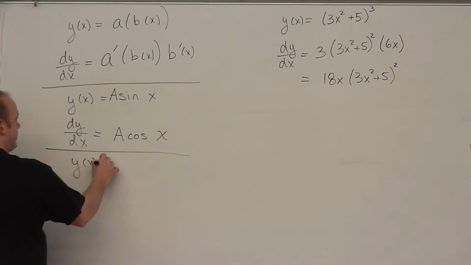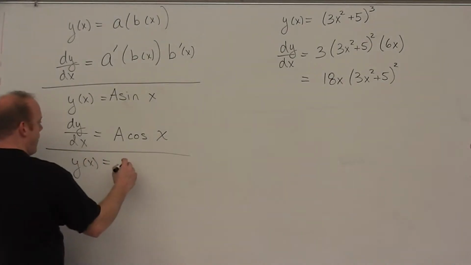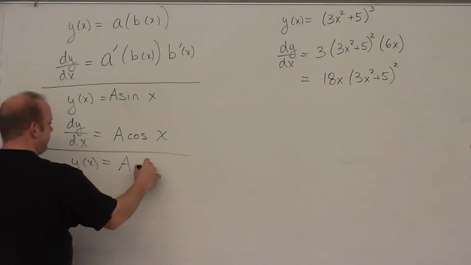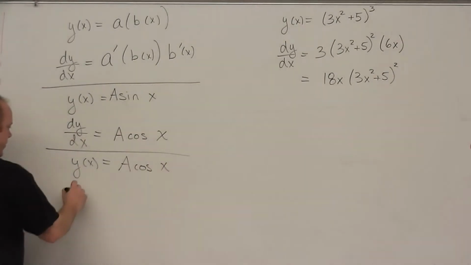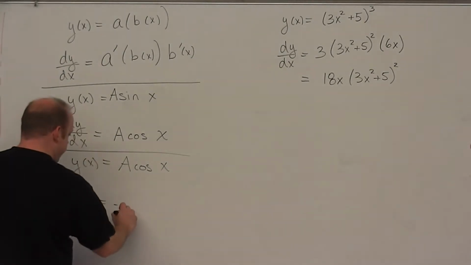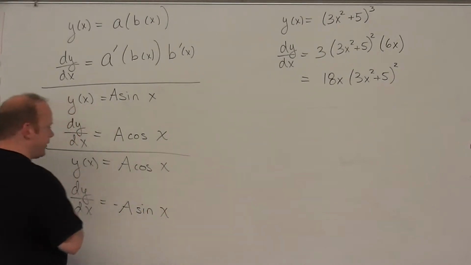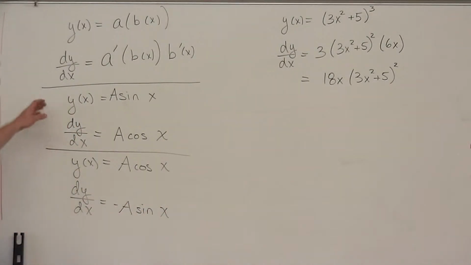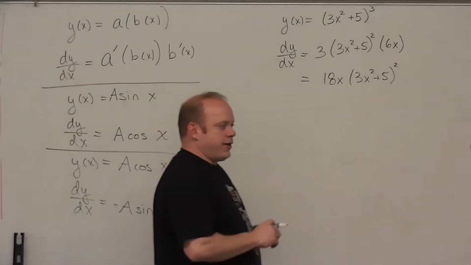For y of x equal to a cosine of x, my derivative, and this is an important difference between the two, is negative a sine of x. A lot of times we don't have sine of x, we have sine of 3x.